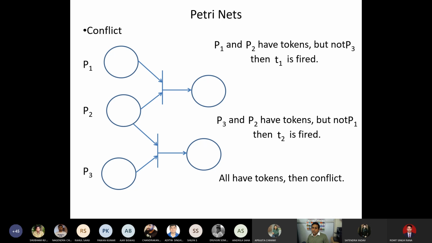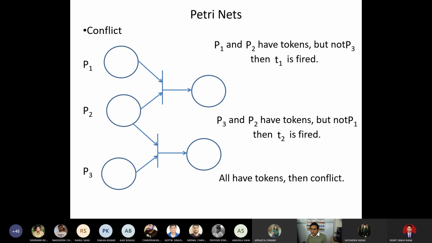I said if you want to fire the T1 transition, you need to have P1 and P2, and these entities should have tokens.